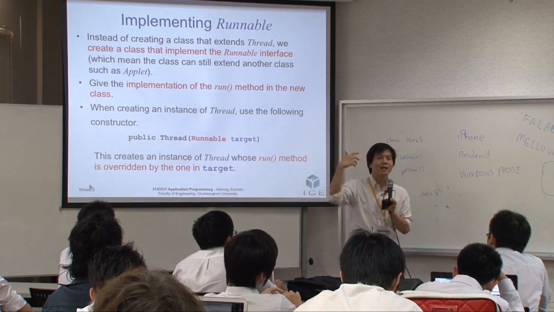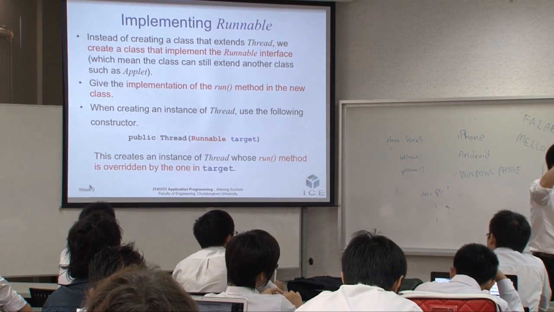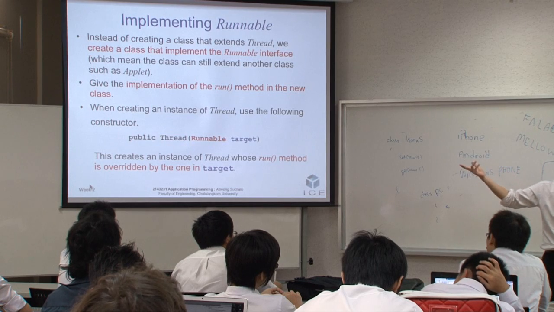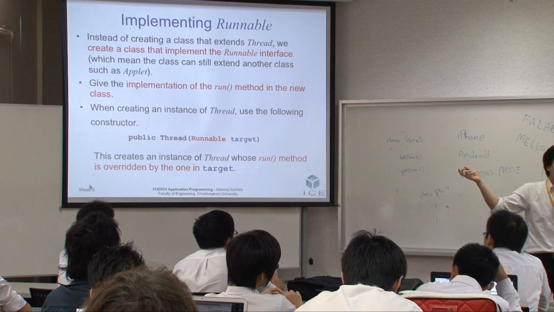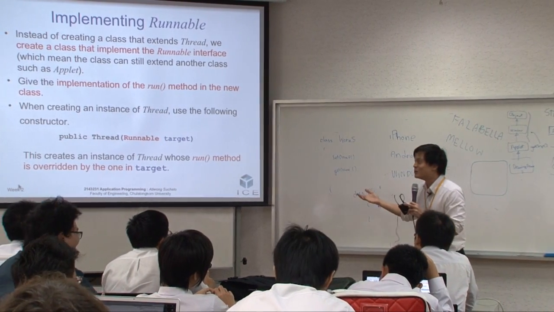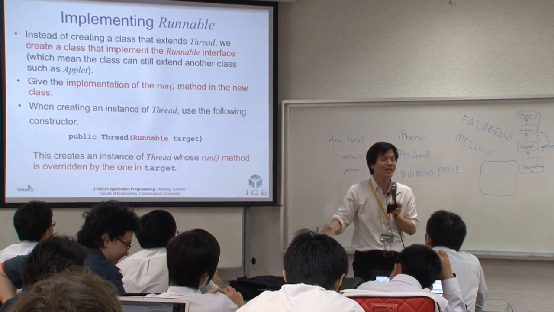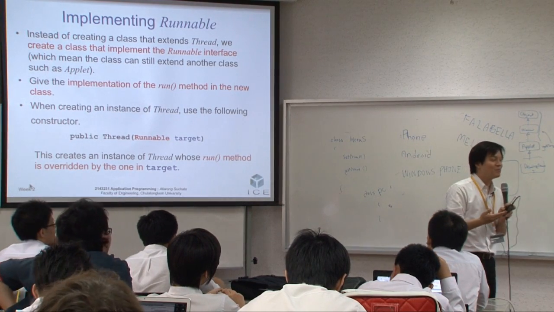An object, a class, a person, a car, an animal? What does it expect in the parentheses? Runnable. Okay, make a noun out of runnable.